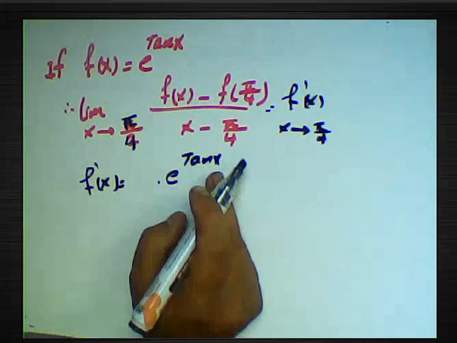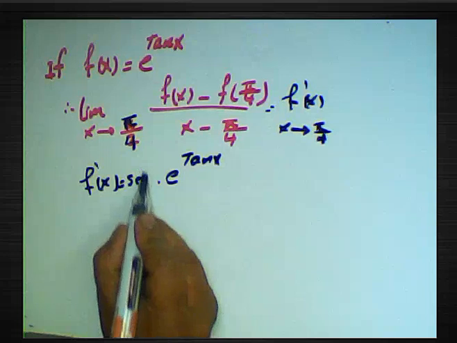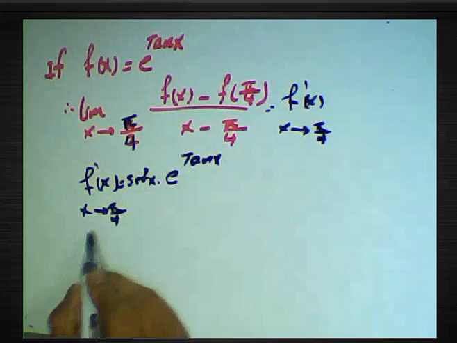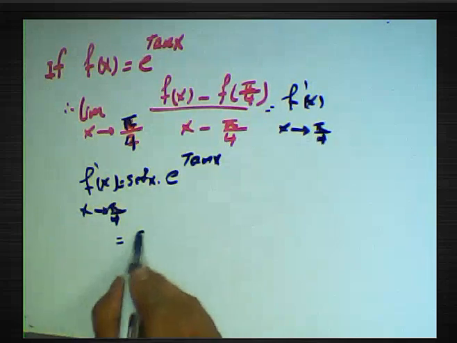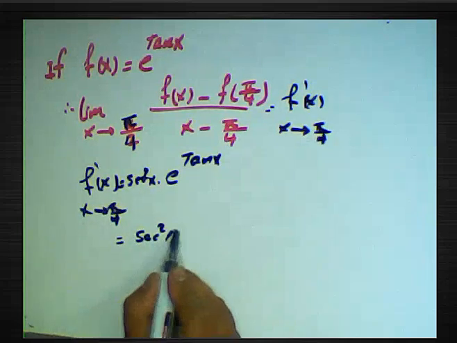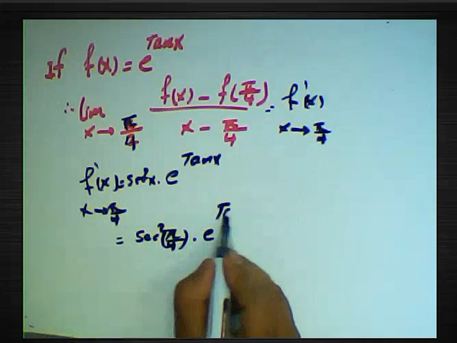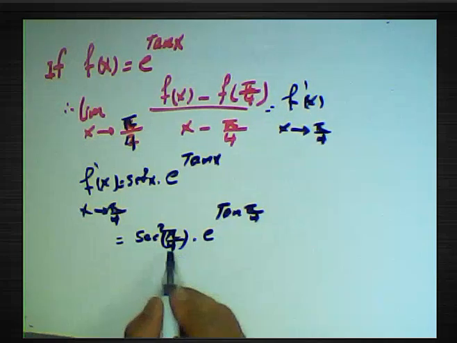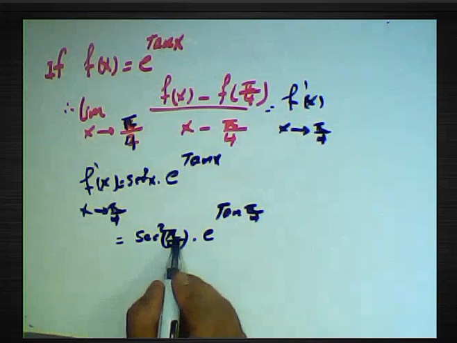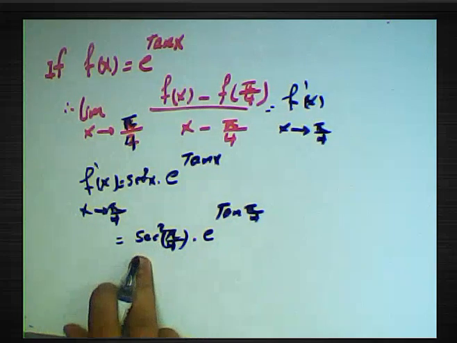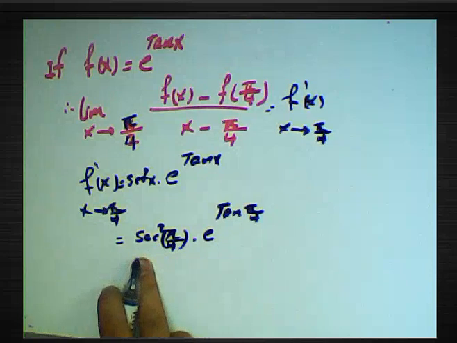The derivative of tan equals sec² x. When x approaches π/4, put x equal to π/4. It will be sec² of π/4 multiplied by e^(tan π/4). Sec² of π/4: we know sec is the inverse of what? The inverse of cosine.